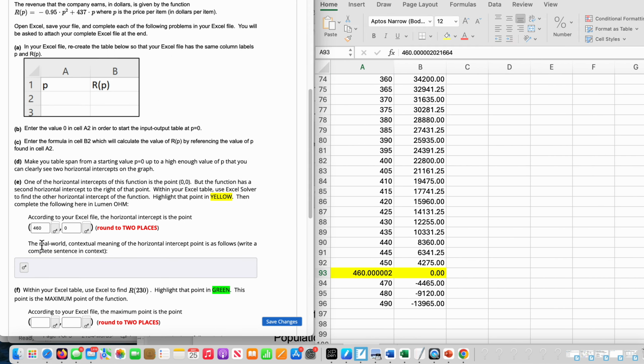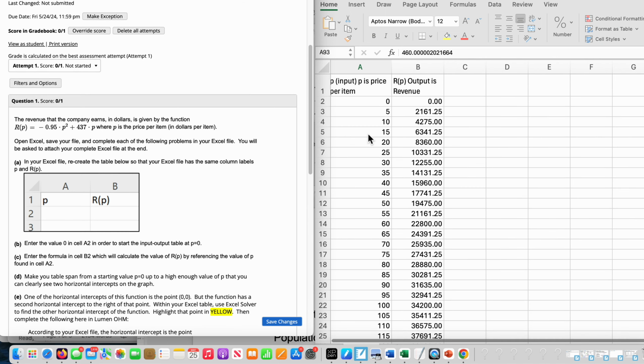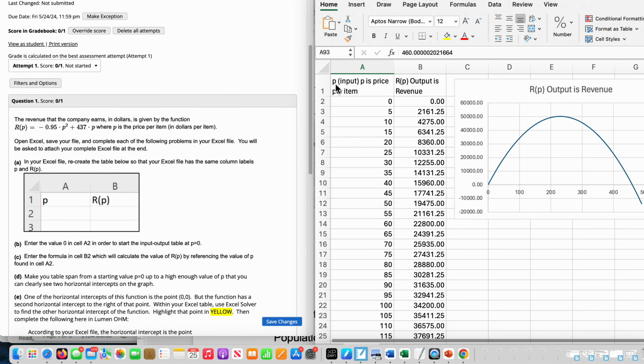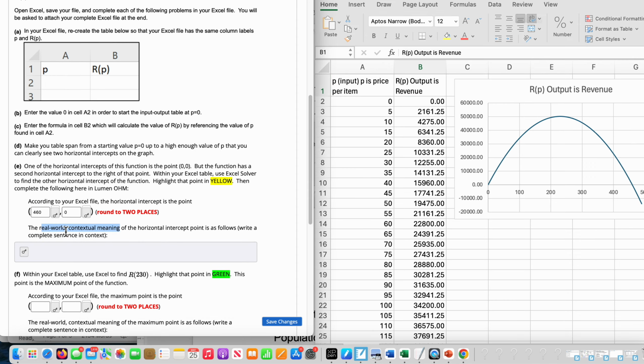Okay, and then it says give me the real world contextual meaning. So when it says contextual meaning, I want to refer back to my problem, right? I want to refer to my inputs and outputs. So my input is price, okay, and my output is revenue. So if this is my input, 460, and my output is 0, I want to match it back to the problem.